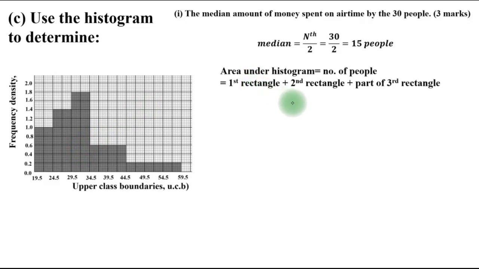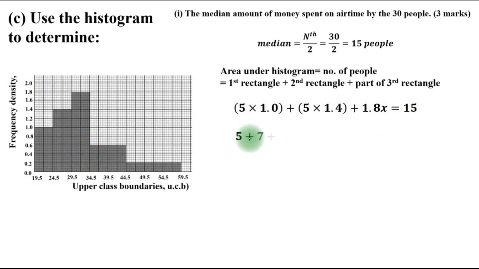Remember the first one was 5 times 1.0, plus 5 times 1.4, plus part of the third rectangle, which has frequency density 1.8, times x. Actually x now will be the number of people. The first class has 5, then the other one 7. Now we have to get part of the third, where frequency density is 1.8, times x, equal to 15.